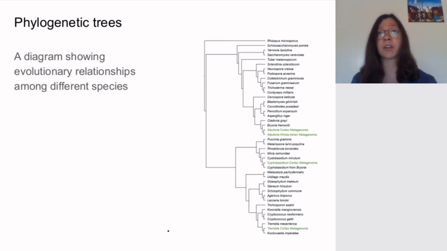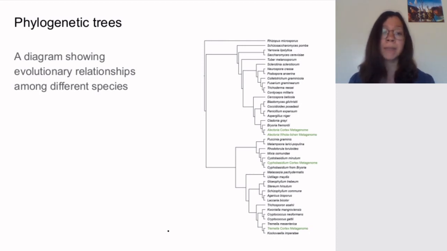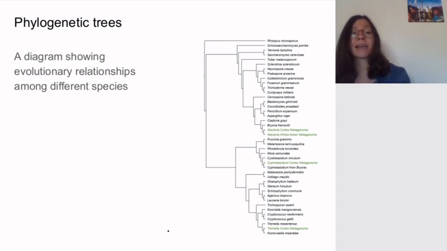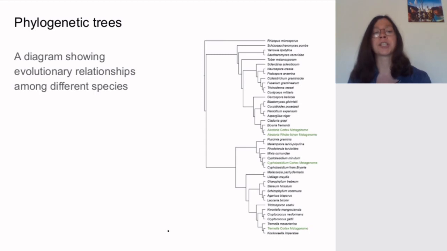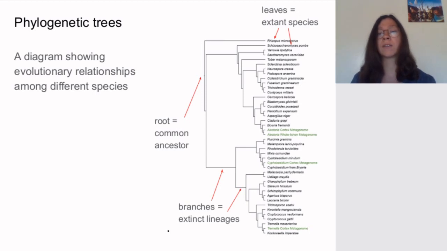Phylogenetic trees are arguably the most common type of graphs that you see in biology, and they are diagrams showing evolutionary relationships among different species. So here you see the leaves. They represent extant species, the species that are currently living and the ones that we can collect our data on.